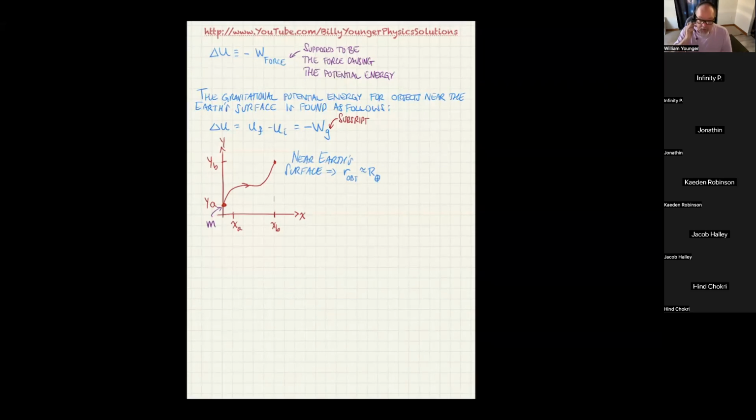Okay, so that's another way of putting it. And as long as we have that, then the force due to gravity is going to be W, which is equal to M times G, and it's going to point down.